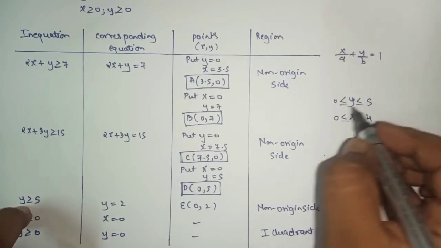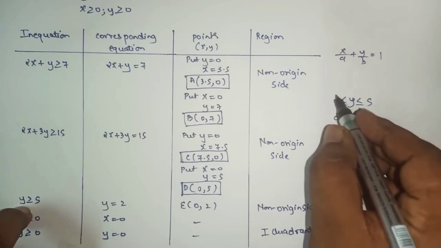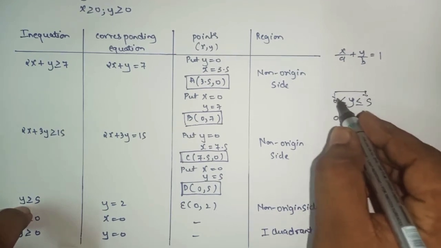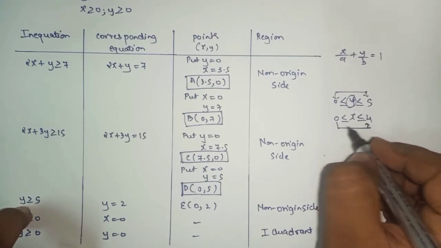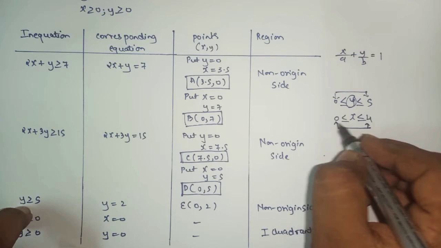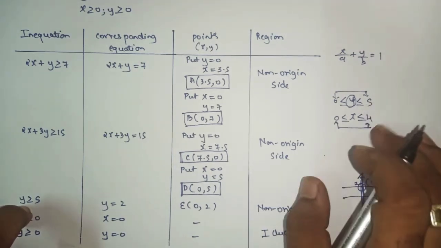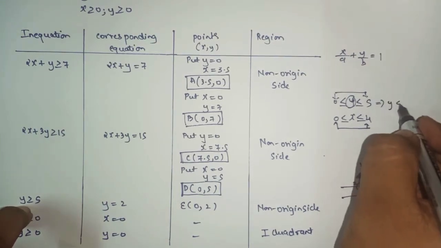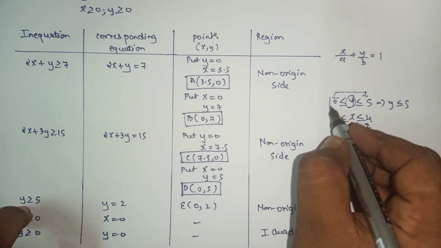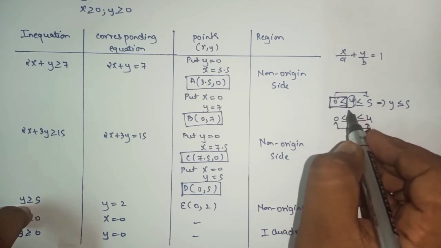So whenever you have a 0 to 5, it means it is a range where y lies between 0 to 5, and x lies between 0 to 4. Whenever this condition is given in a question, it actually means y less than equal to 5. No need of considering this section, that is 0 less than equal to.